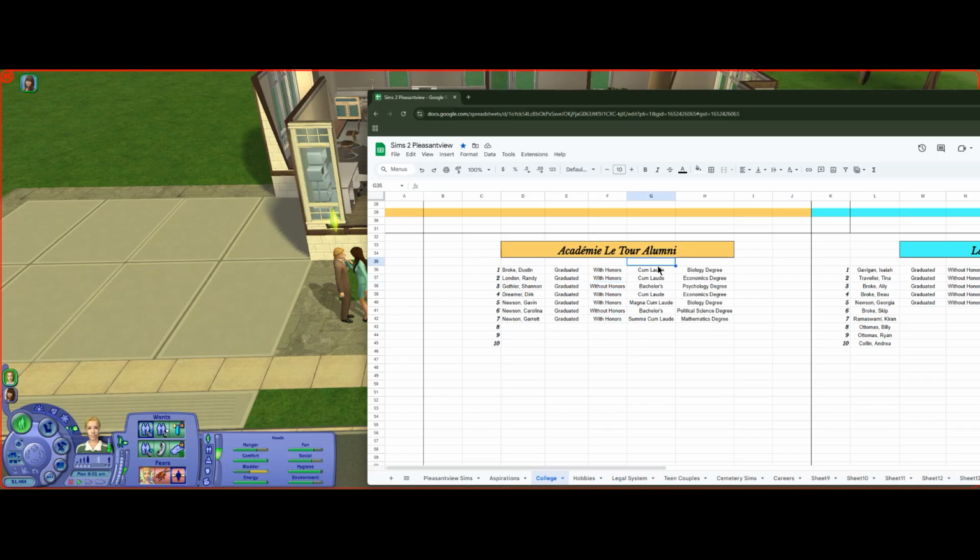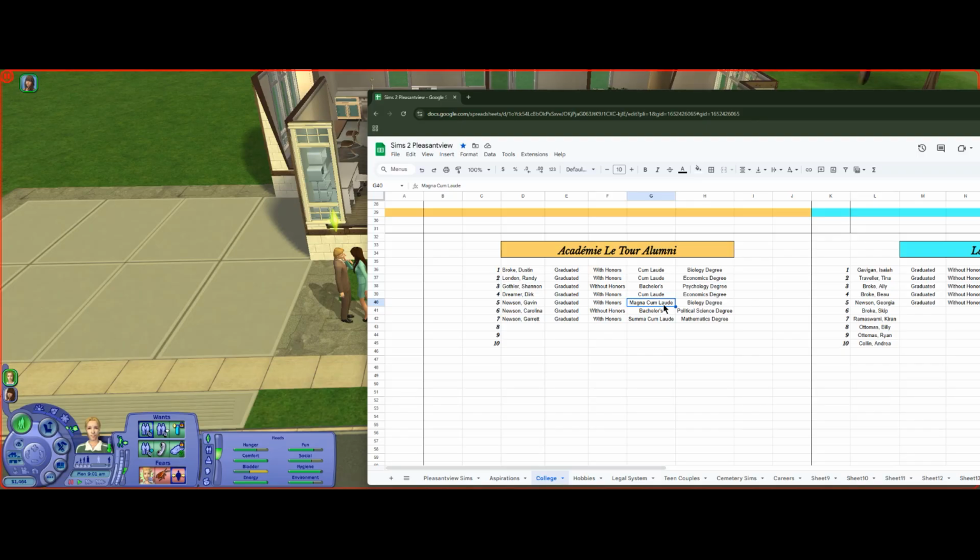And then we have their honors if they did graduate with honors. So, for example, Dustin graduated with honors cum laude biology degree. So he got the cum laude honor. And so what cum laude actually means is you graduated with honor, basically. Gavin down here got the magna cum laude.